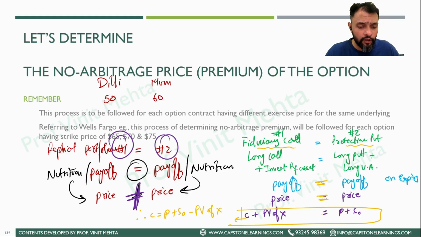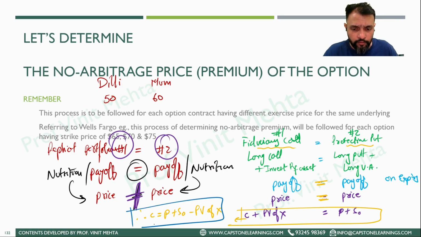I gave you the notation of the price, and from that, once you figure it out, you can easily calculate the price of the call option premium, or change the algebra, you can calculate the price of the put option. That's pretty much how you go about it to calculate the no arbitrage premium.